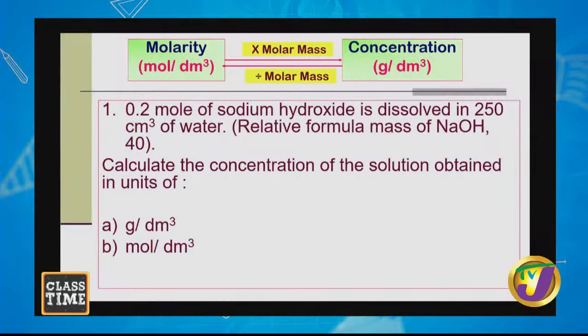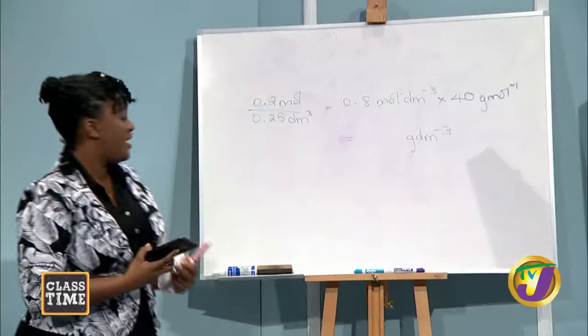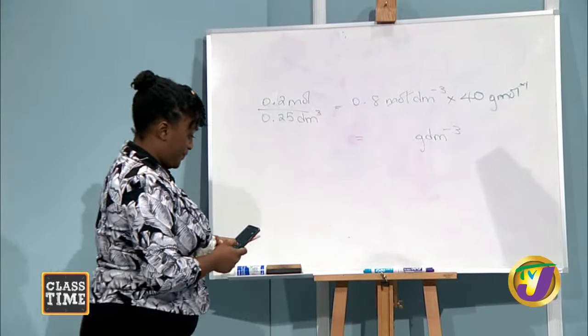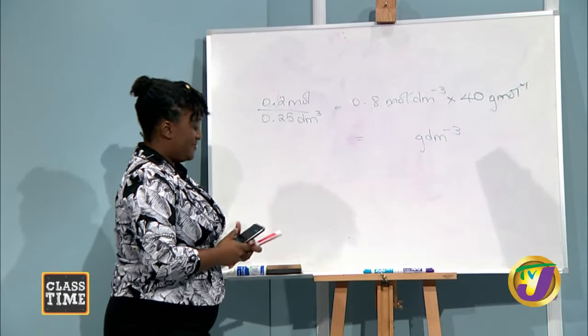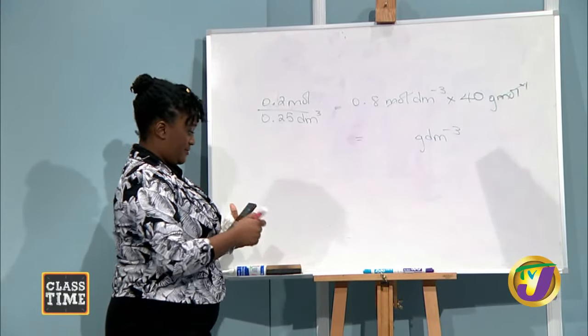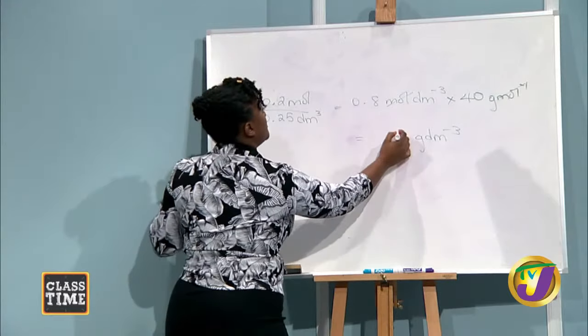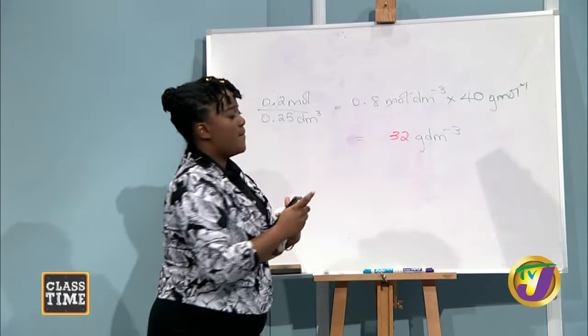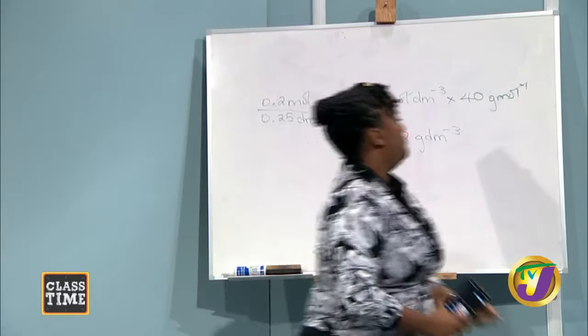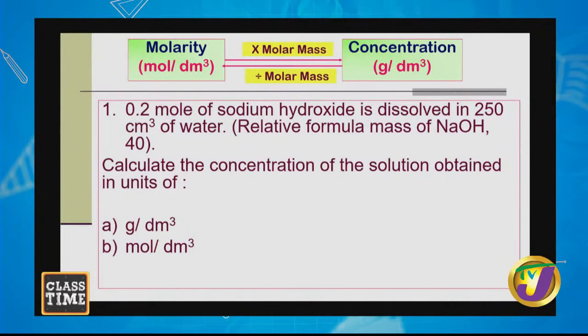And my answer will be gram per dm cube. Oh, sorry. Okay. So let's do this calculation. 0.8 times 40. And that's 32 grams per dm cube.